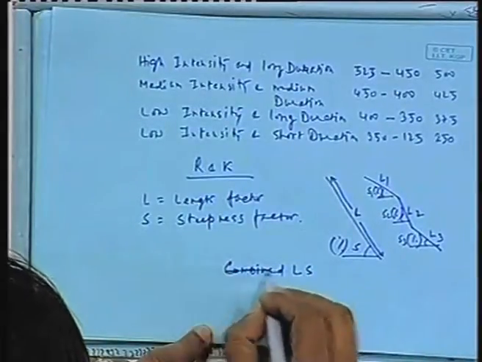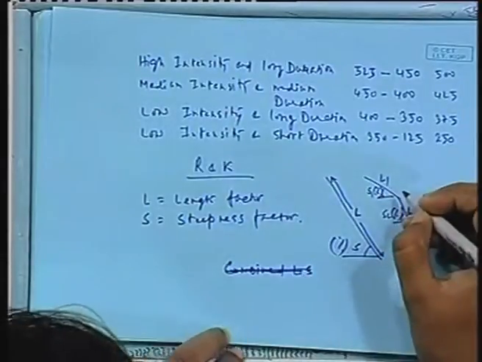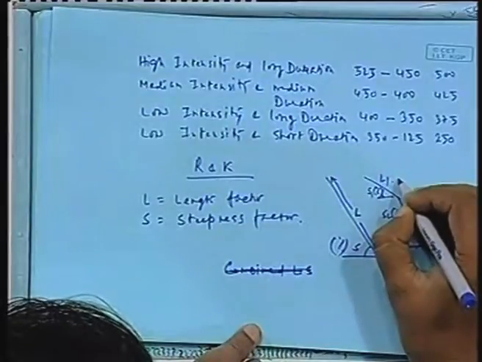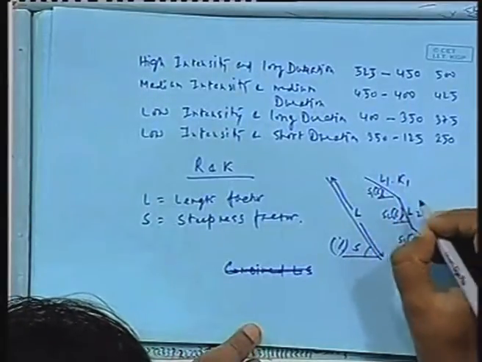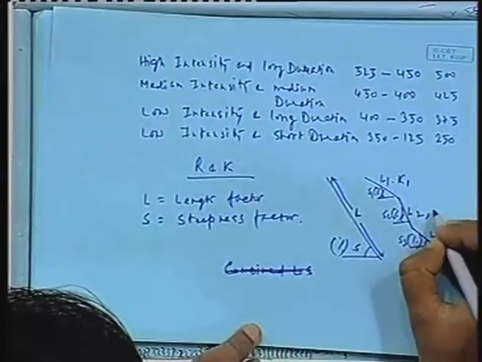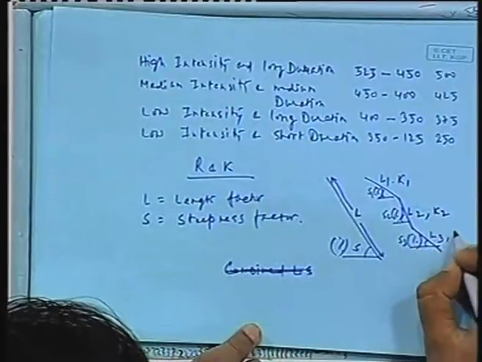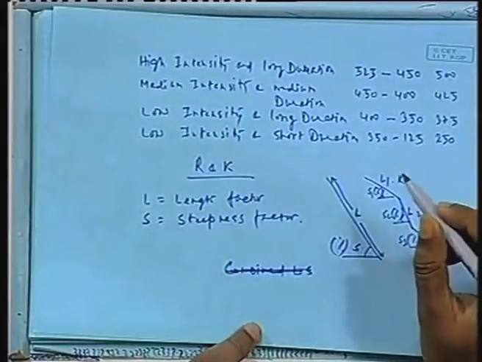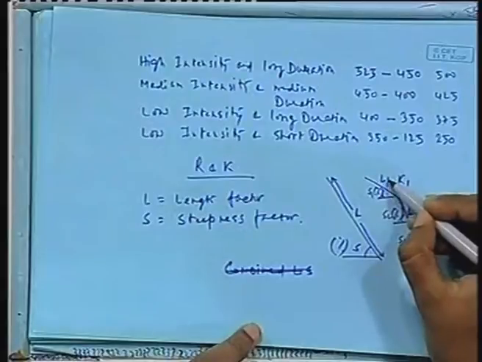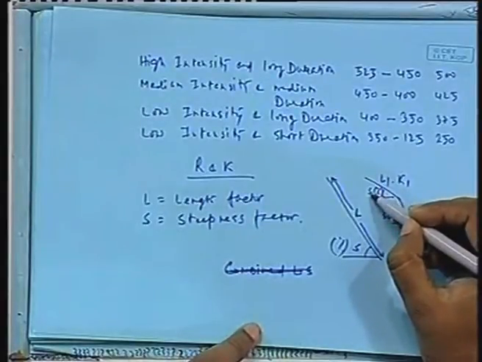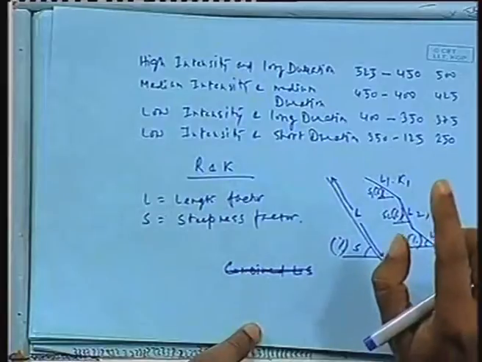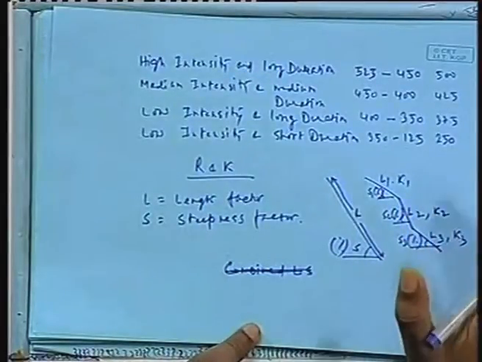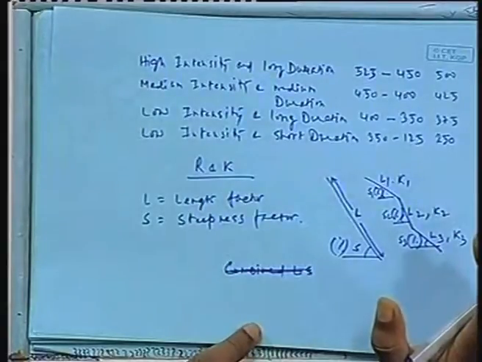In fact, it is not only the combined LS. Sometimes the soil erodibility factor also differs, K1, K2, K3, depending on the different soil types. Remember, L1 and S1 are the slope parameters, the length and gradient of the slope, and K1 is the soil erodibility factor depending on soil structure, soil texture and permeability.